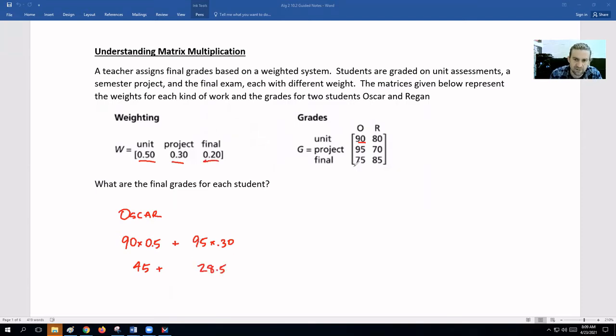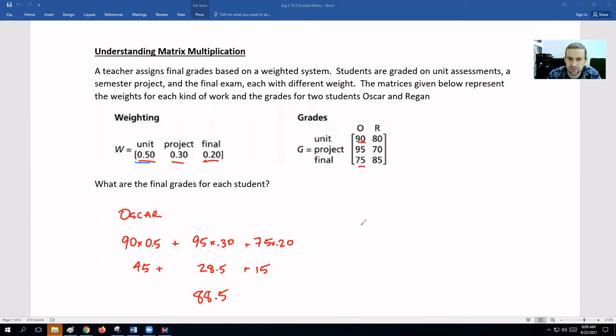And then his final grade of a 75, we'll times it by 0.20. 75 times 0.20 is 15. And we would add them up together: 15 plus 28.5 plus 45, he has an 88.5.